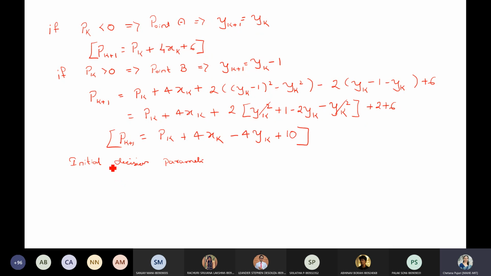Fine. So the initial decision parameter is what? X naught, Y naught, we are going to consider it as 0 and r, right? We are going to start from the first octant.